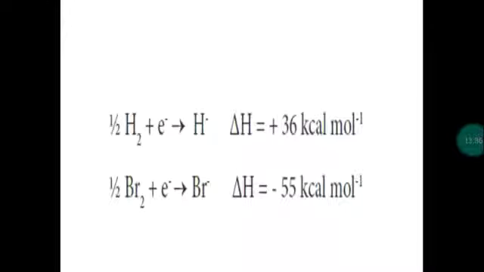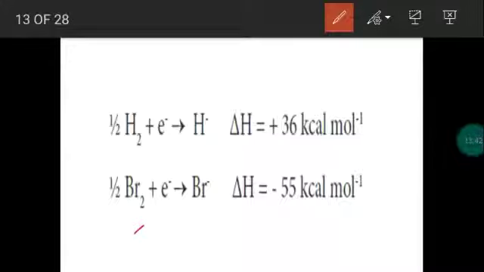Now observe the reactions with the energies. Consider the halogen bromine. Bromine accepts an electron and forms the bromide ion. Delta H means enthalpy change, that is, heat changes during the reaction. Either heat can be liberated or heat can be absorbed.